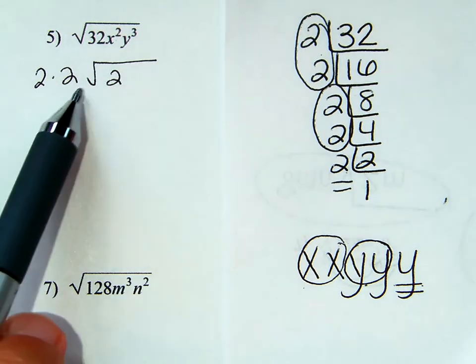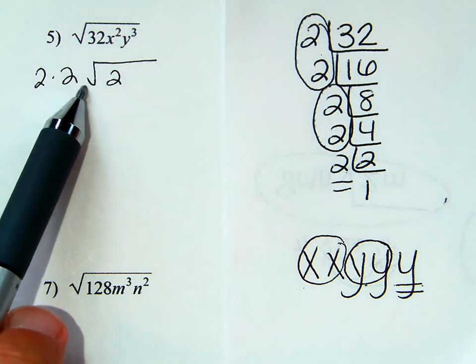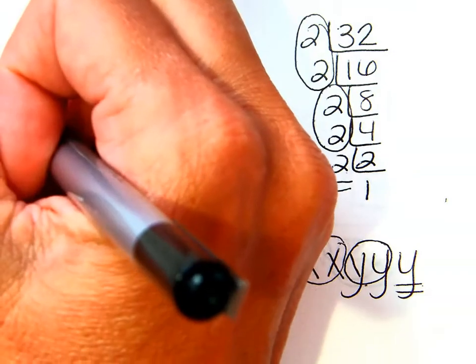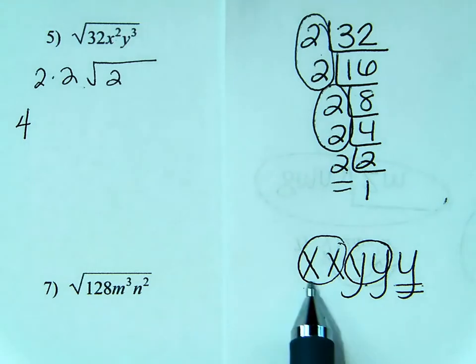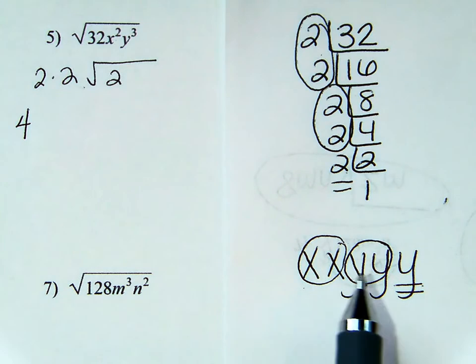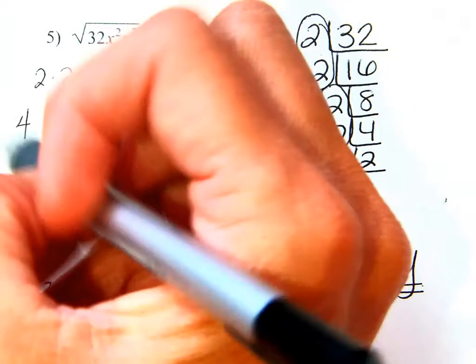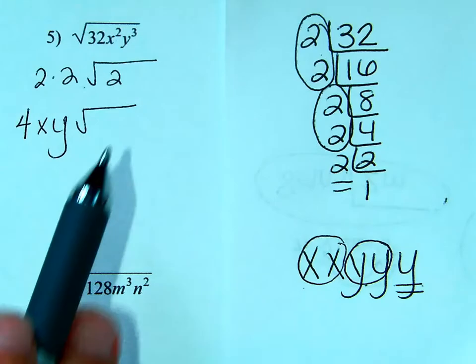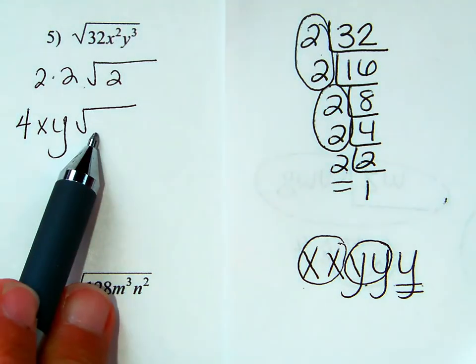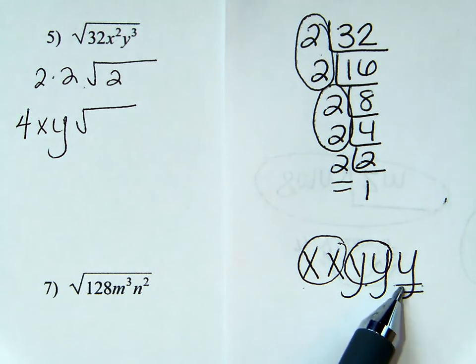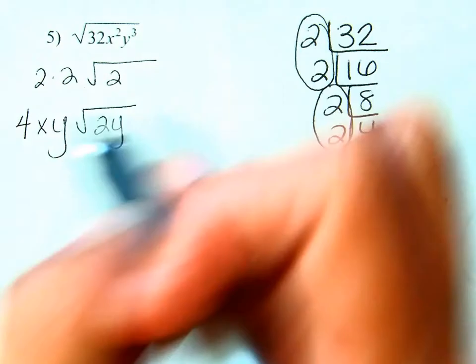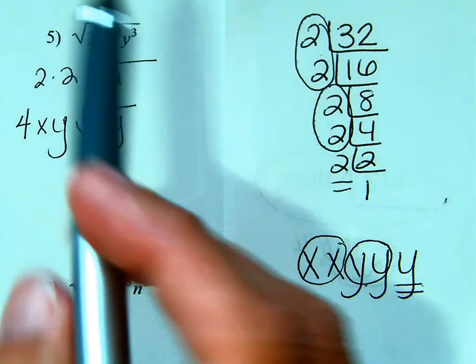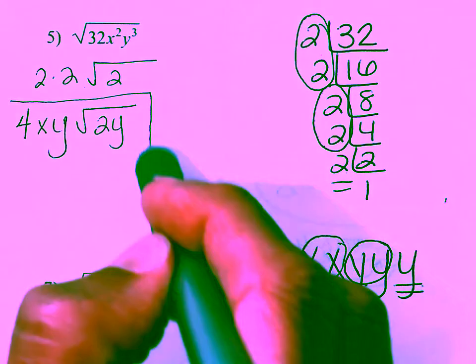Now, I didn't leave enough room here, so I'm going to rewrite this, but 2 times 2 is 4 on the outside. An x will get to come out, and a y is going to get to come out, so I'm going to write those down on the outside. And then I've got this 2 underneath the radical, and this y that wasn't circled. This would be my final simplest form answer.